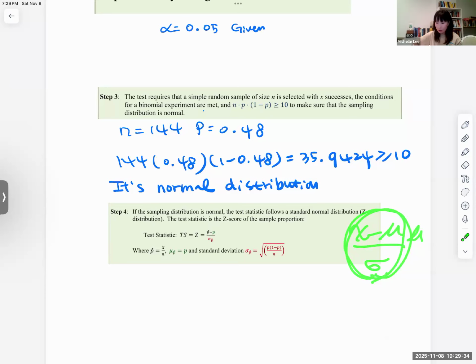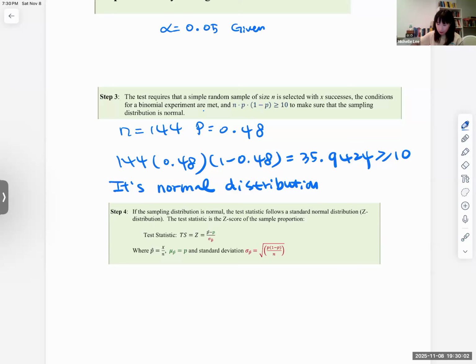What's the x? In this case we are using proportion, so sample proportion p-hat, minus mu sub p-hat, which is p, over sigma sub p-hat. Basically the same formula, because the test statistic is a z-score.